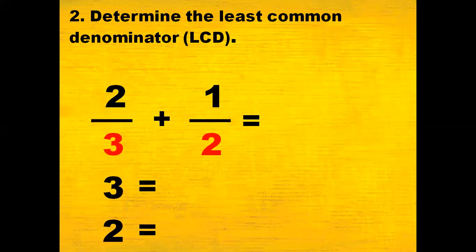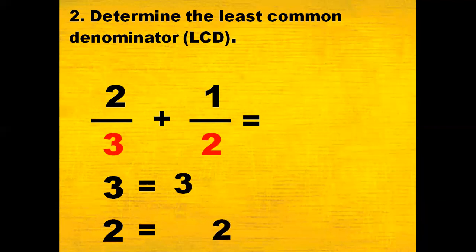So what are the prime factors of 3? We have 3, or 3 times 1. Since 1 is a special number, we do not include 1 in the prime factors.